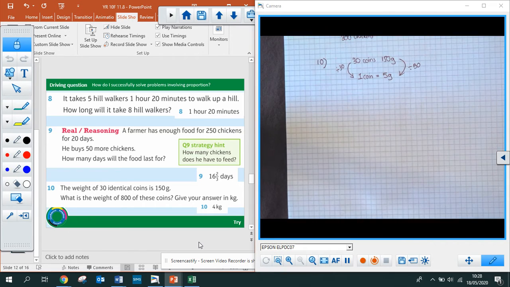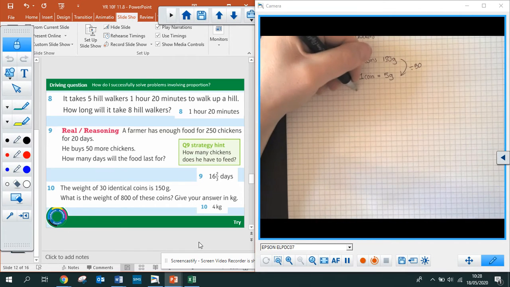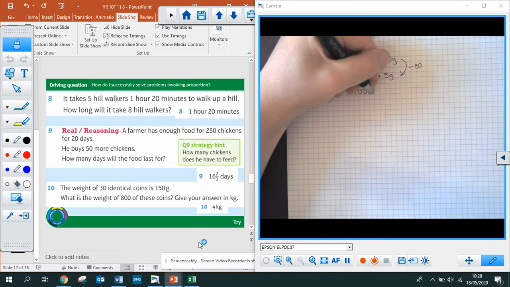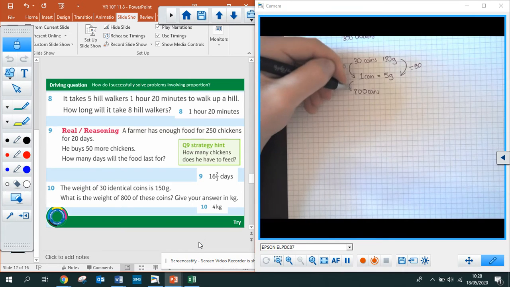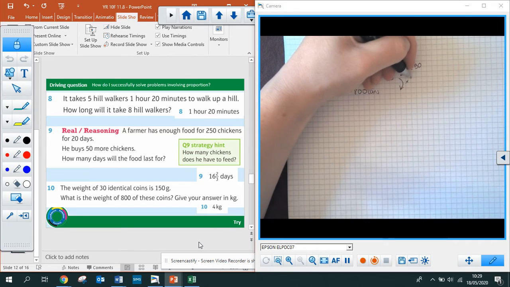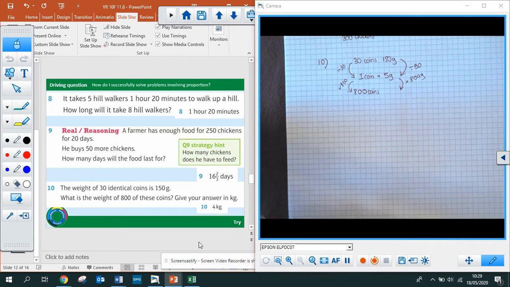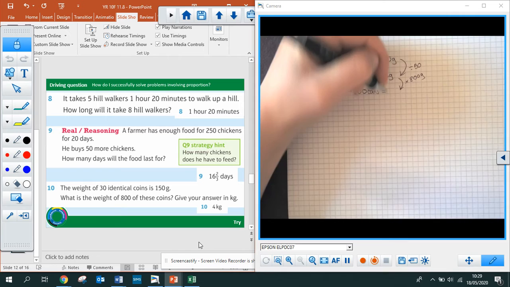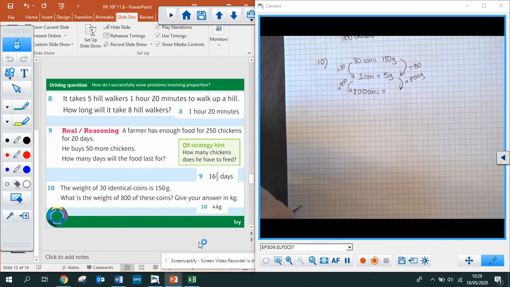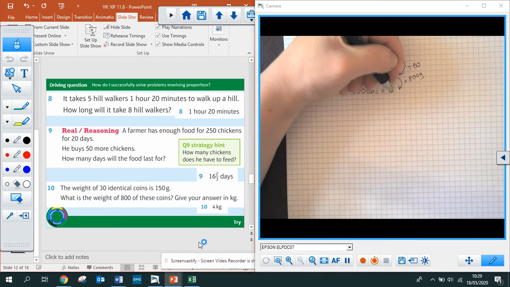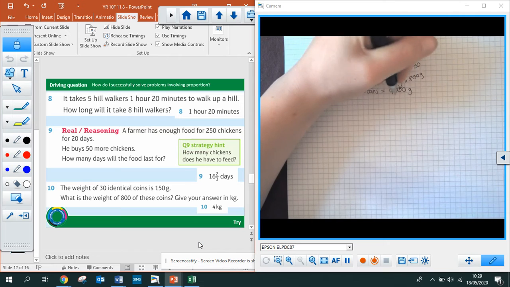So to work out what 800 coins weigh, I'm going to do 800 coins. To get from 1 to 800, we multiply by 800. So therefore, I'm going to multiply the weight by 800 as well. So 800 multiplied by 5 is 4,000, and that's grams.